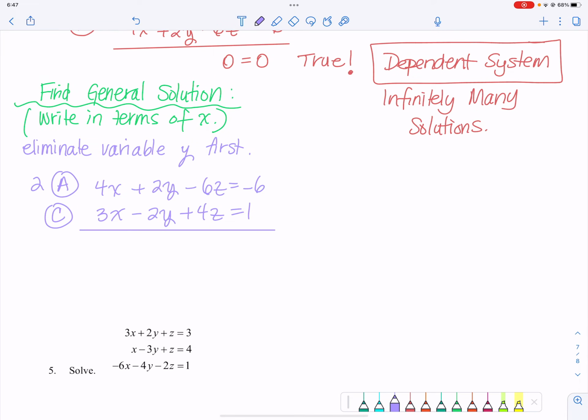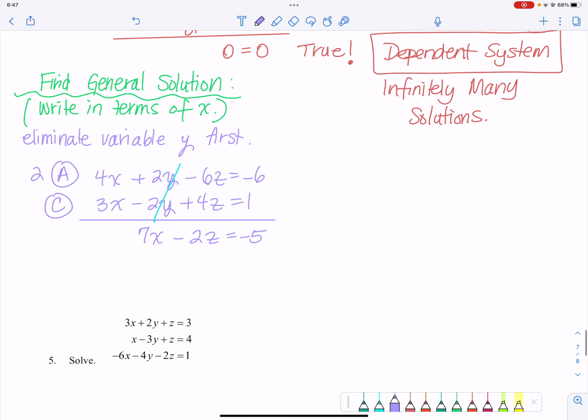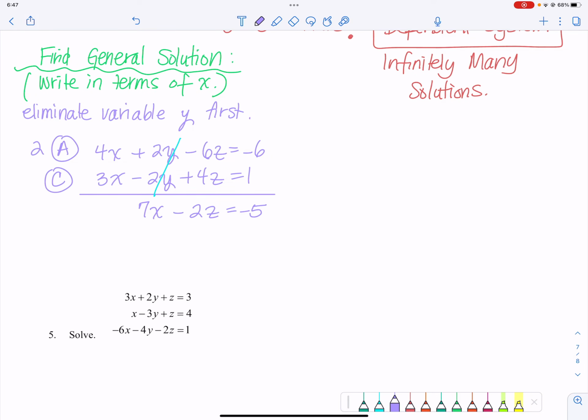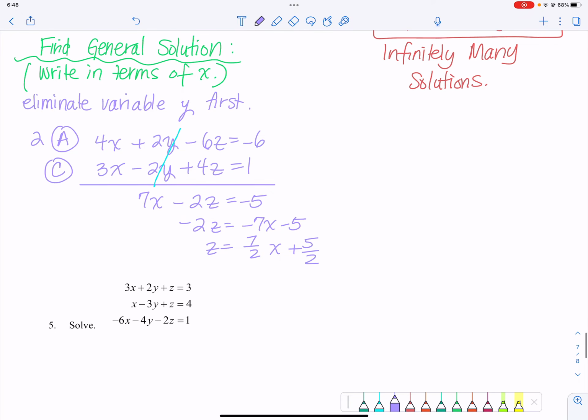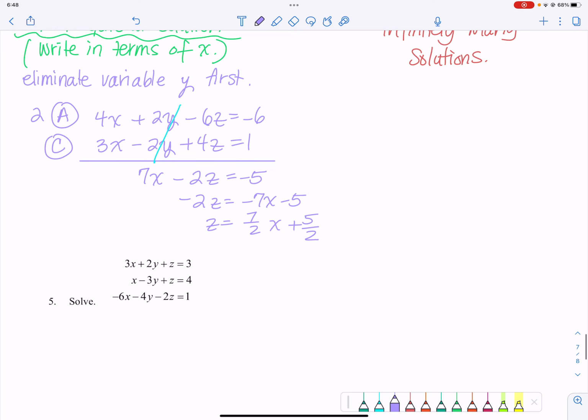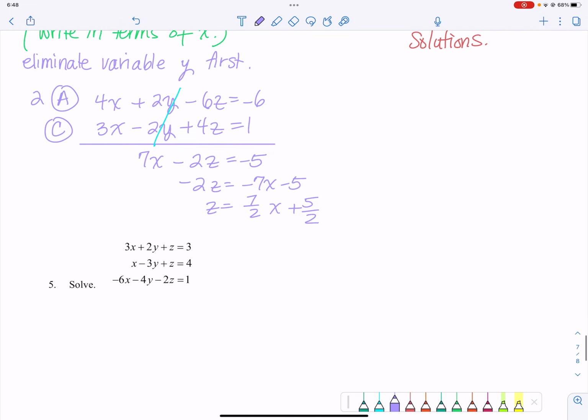Now you can see that we've eliminated y. So we have 7x minus 2z equals negative 5. So we're going to solve this for z. So we have 7 halves x plus 5 halves.